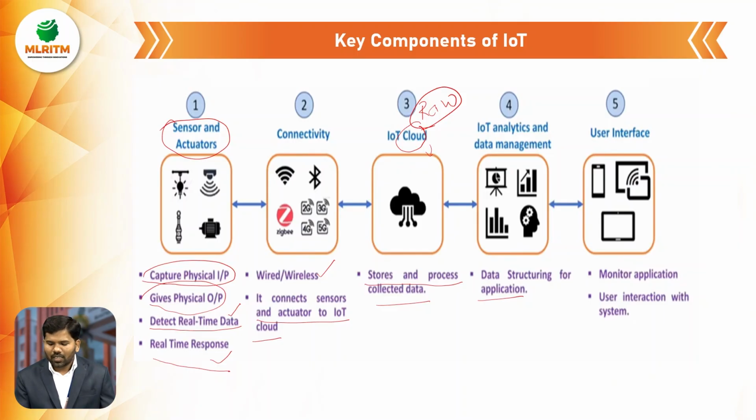So in IoT analytics and data management we extract the useful information, and based on the useful information we predict the future. Here we will use some prediction algorithms to give commands to the actuators, deciding what to do and monitoring.